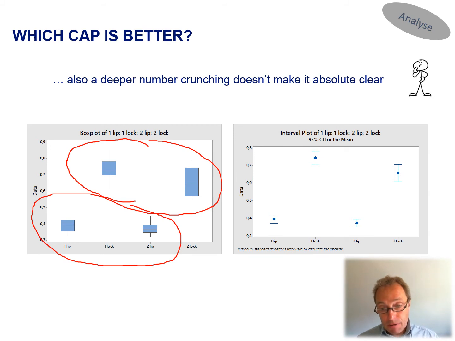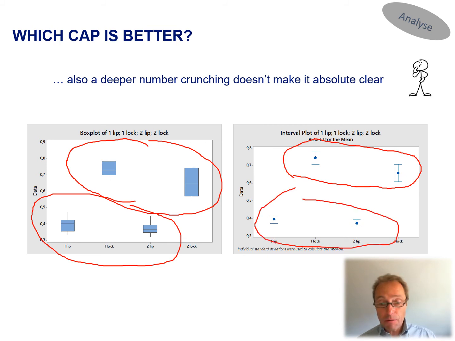Then we have a 95% interval plot. This already gives us more information. Also here, this belongs together and this belongs together, and here we see that there is maybe no or less overlapping, and this could be an indication that it's different.